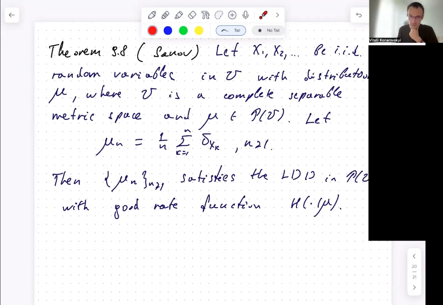If you want to see the proof, I leave in the lecture notes some references, for instance a reference to the book of Dembo and Zeitouni, a very nice book about large deviation principle, where you can find the proof of this theorem.